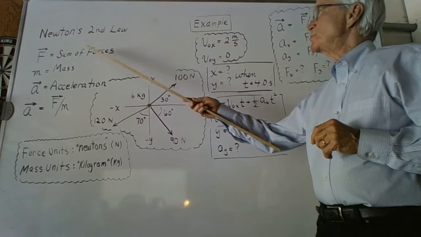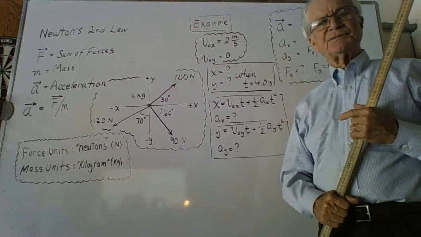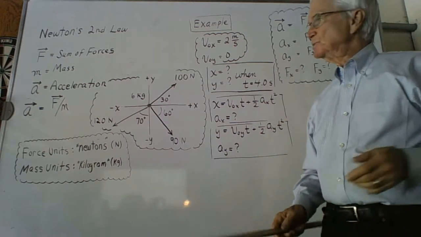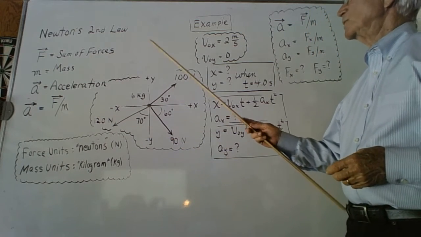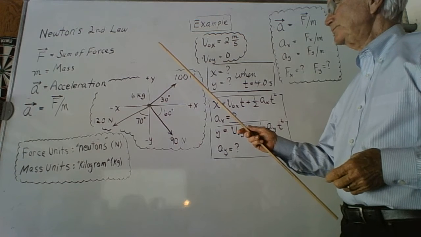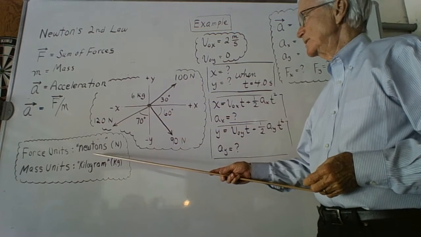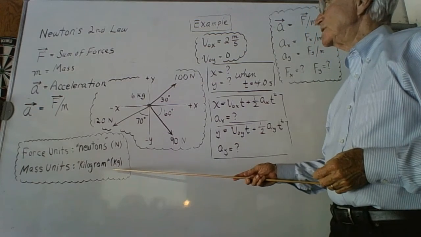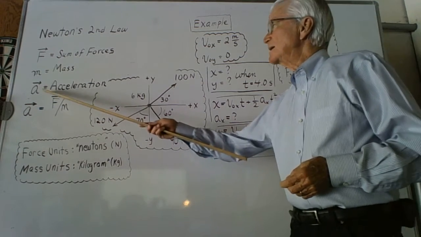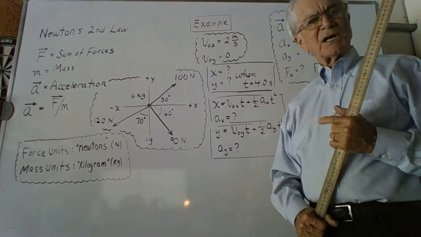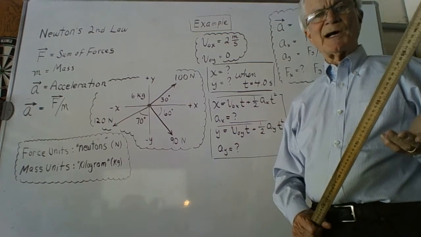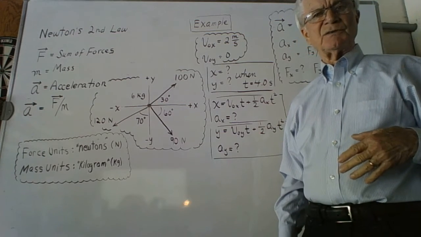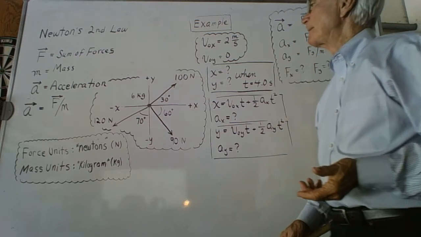The forces that we will be adding are in units of newtons, after Isaac Newton, abbreviated uppercase N, as shown here. The mass units, as I've said, are in kilograms, abbreviated kg. Let the vector A represent the acceleration that the object acquires because of the application of these forces.